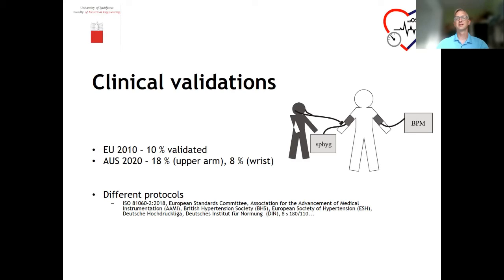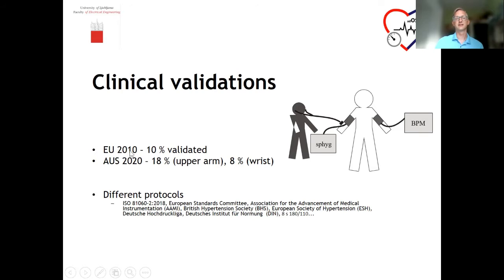It basically means that these devices are compared to reference devices like mercury in glass sphygmomanometers. And then at the end of the clinical validations, the researchers can say, yes, this device works approximately similar to a classical mercury in glass sphygmomanometer. So it's comparable.